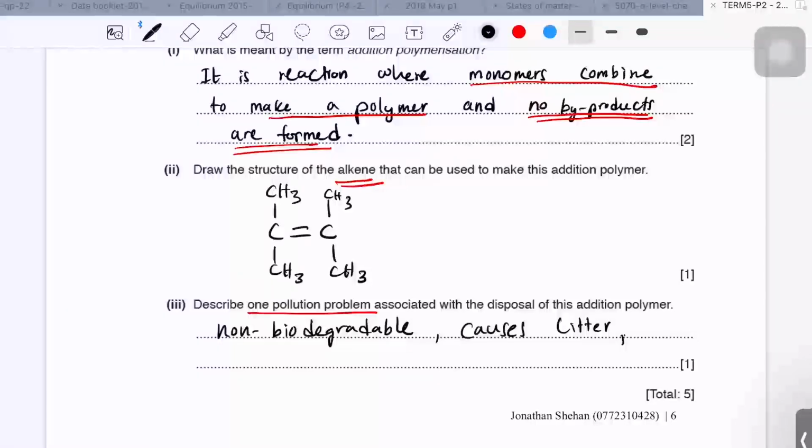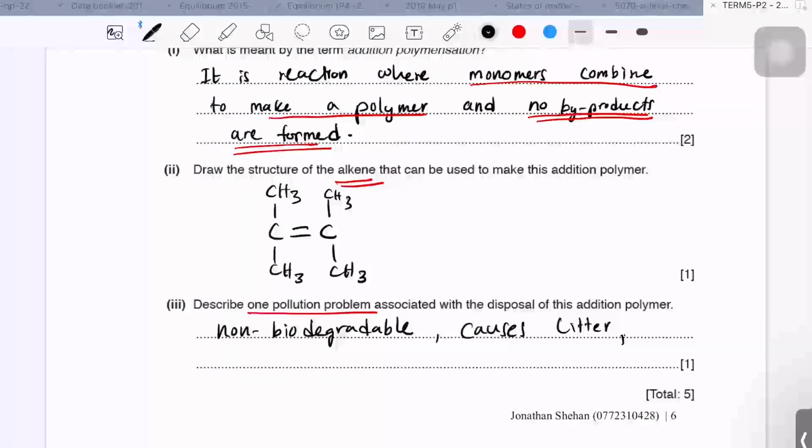Another thing we can say, the disposal of these addition polymers can be done by burning them. But when you burn this plastic, toxic gases, so pollutant gases, can be produced, right? Also we can fill this plastic into different landfill sites.